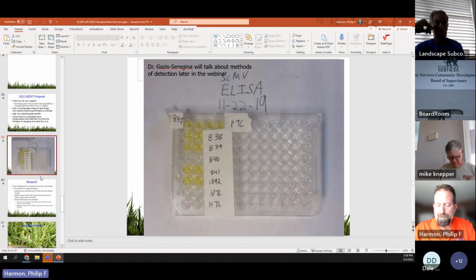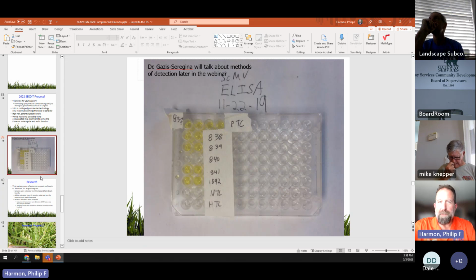Okay, is there any research that has been done on preventative applications to control the aphids? No, we haven't done any insecticide trials for that. We haven't because it would be very unlikely that insecticides would prevent spread of the virus into lawns.